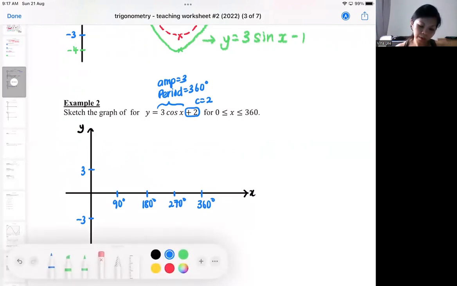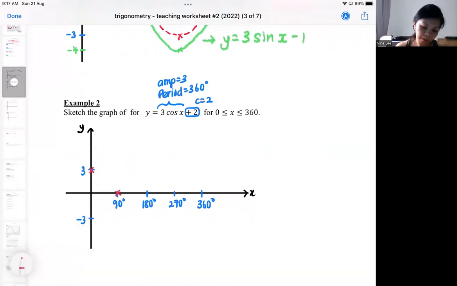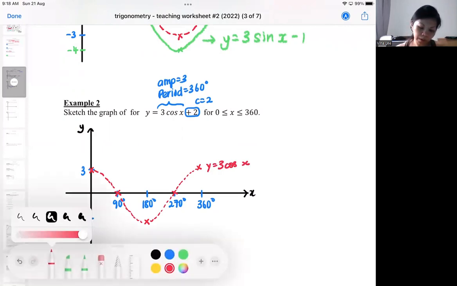So then where are the special points? Here, here, here, here, here. So the special values will guide you with a dotted line like this. So this one is like just 3 cosine x. You have not shifted up yet. So let's try shifting up.